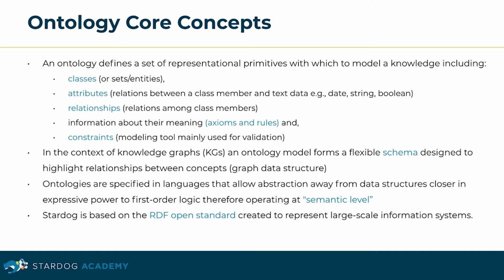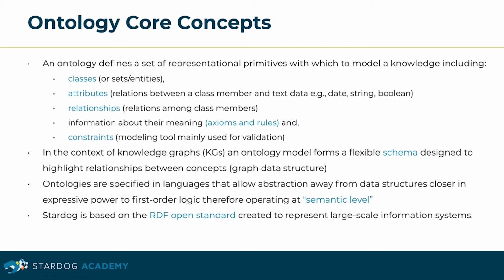So, what are then the core concepts of the ontology model? An ontology defines a set of representational primitives with which to model knowledge, including classes, or else called sets or entities, then attributes, which are the relations between a class member and data such as a date or string or a boolean or an integer, and then relationships, which are the relations among class members.